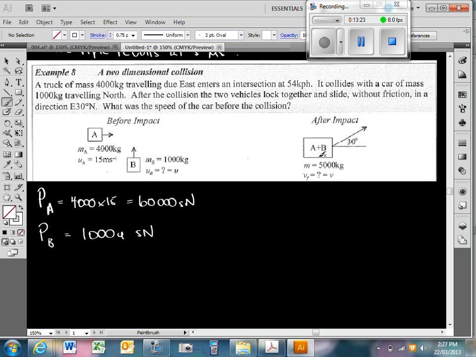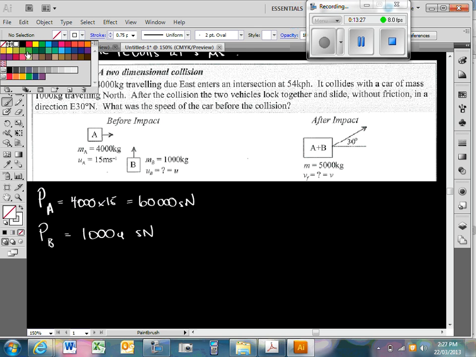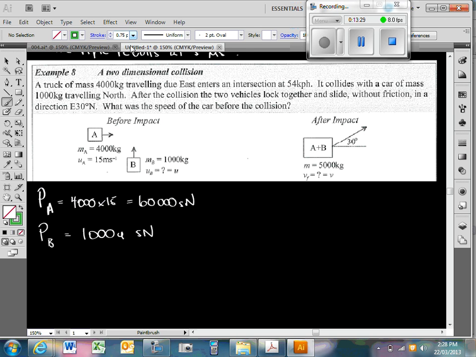Okay, so let's draw a vector diagram. That's the first thing to do. Travelling 60,000 north. So 60,000 kg m/s east. I've got to choose this guy. East.